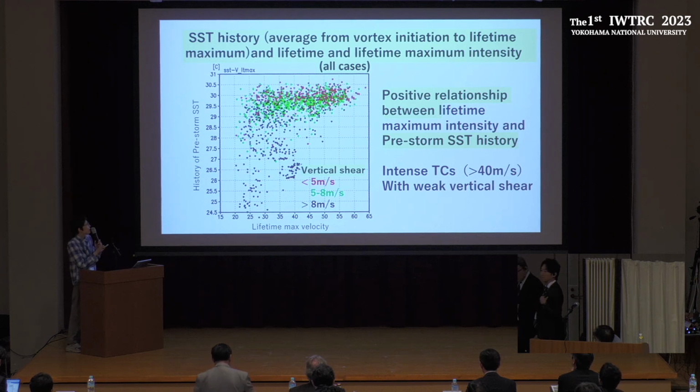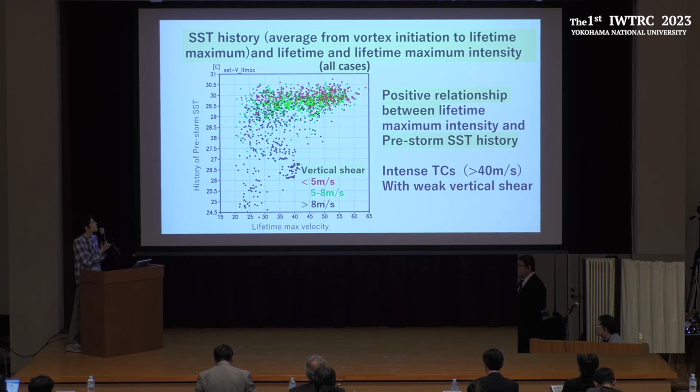The color dot indicates the vertical shear, and we see that intense lifetime maximum intensity appears with weak vertical wind shear.